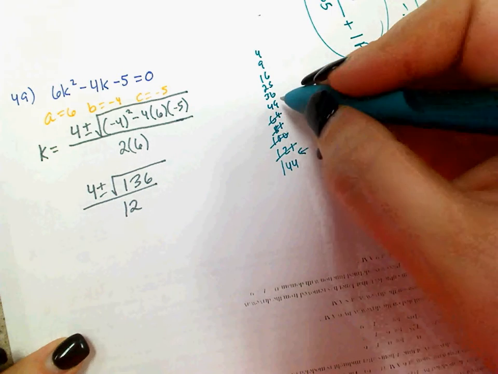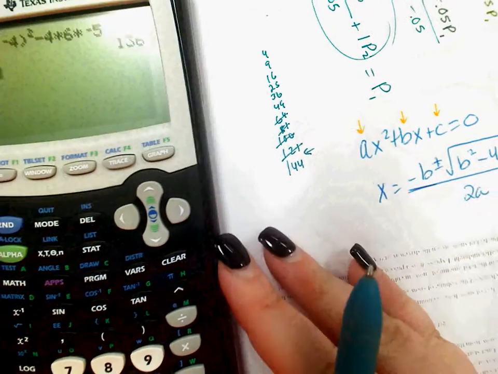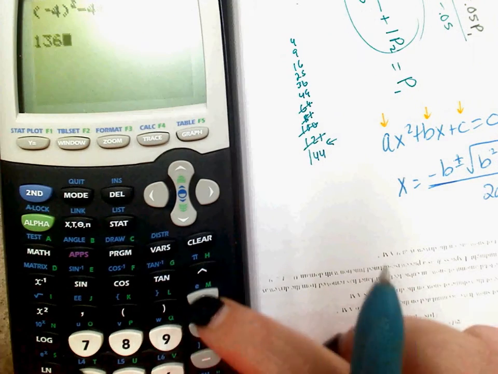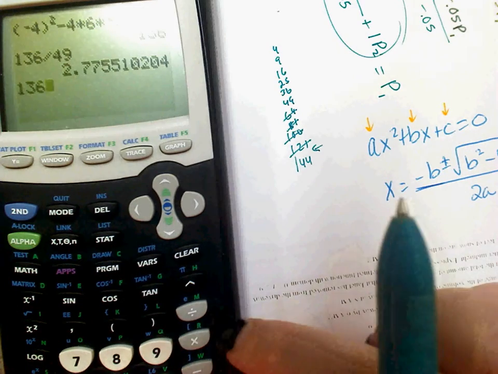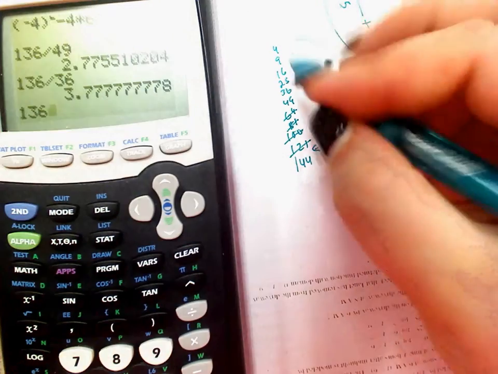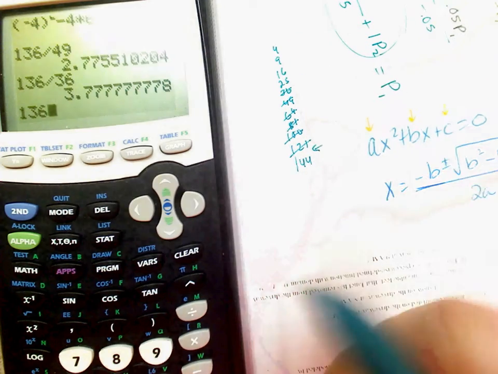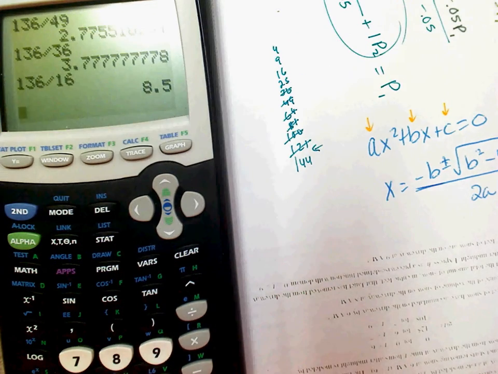If you're unsure, then you start checking. 136 divided by 49. Nope. 136 divided by 36. Nope. 136 definitely does not divide by 25, so I'll try 16. Divided by 16. I'm at the school and they're setting off fireworks, so sorry if you hear my dogs bark.